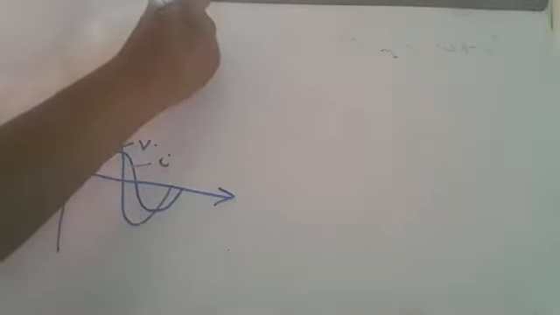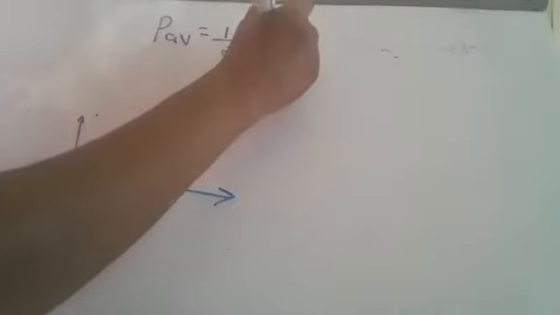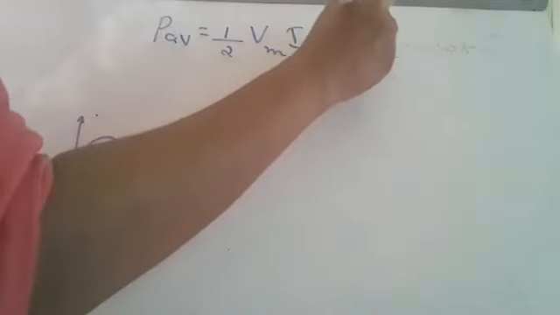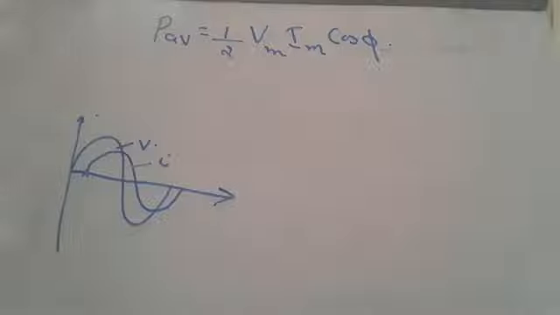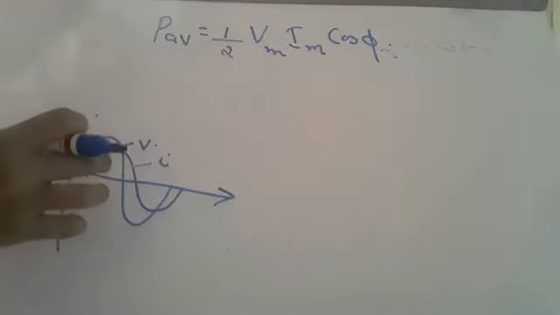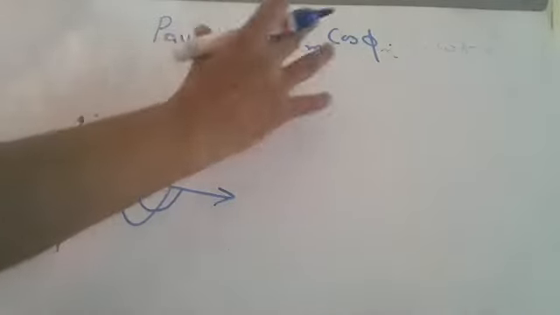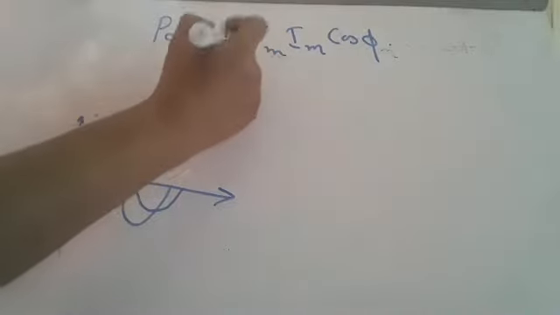P average is half Vm Im cos phi, because we are integrating this over a particular interval, which I will explain later.